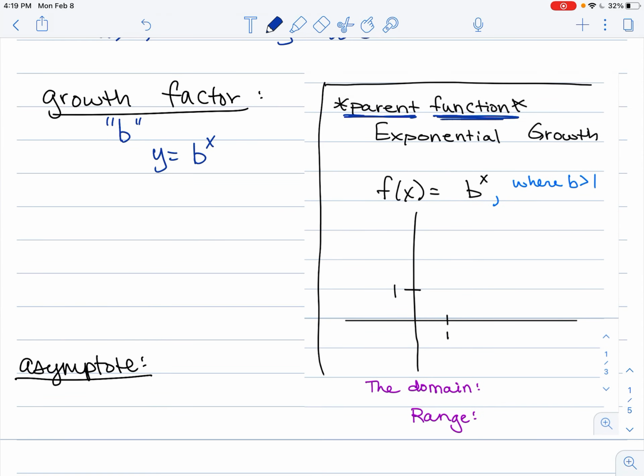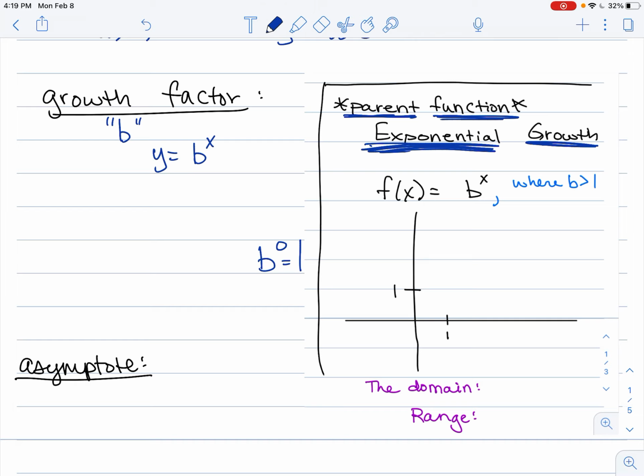You've got this parent function of exponential growth, and it looks like this. Anytime you've got any number to the 0 power, it's 1.